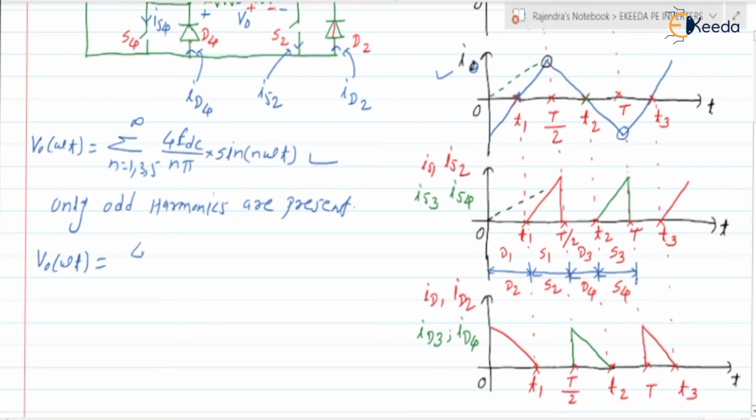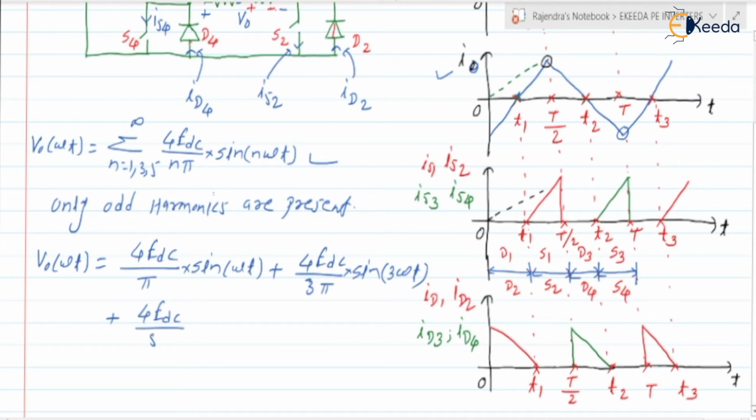For n equal to 1, it is 4 Edc divided by pi into sine of omega t, plus, because it is a summation, for n equal to 3, it is 4 Edc by 3 pi into sine of 3 omega t, plus 4 Edc by 5 pi into sine of 5 omega t, plus and so on up to infinity.